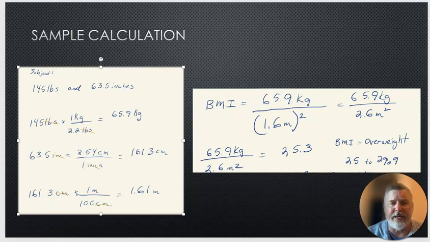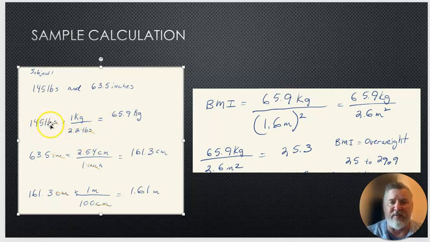Here's how we calculate BMI. BMI is based on height and it's based on body mass. We want to convert those to kilograms and centimeters because then we're going to take centimeters and convert it to meters. So in this case, 145 pounds, we know that there's 1 kilogram for every 2.2 pounds. So pounds cancel out.